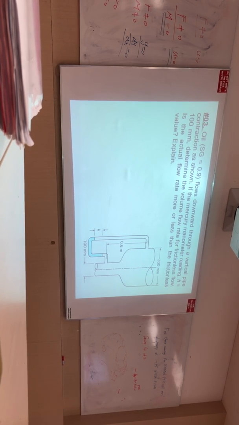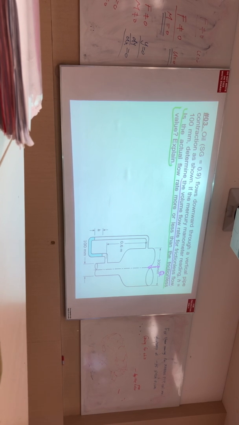They tell you to calculate Q, the volume flow rate. This is question 1. Determine the volume flow rate for frictionless flow. Second question: is the actual flow rate more or less than the frictionless value? Explain.